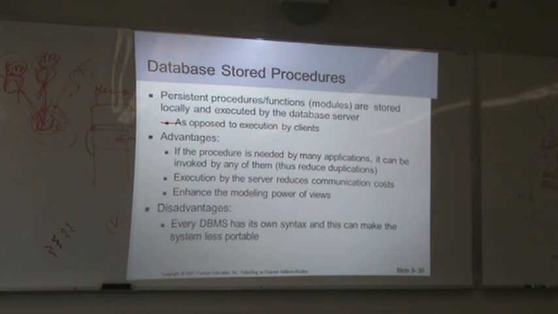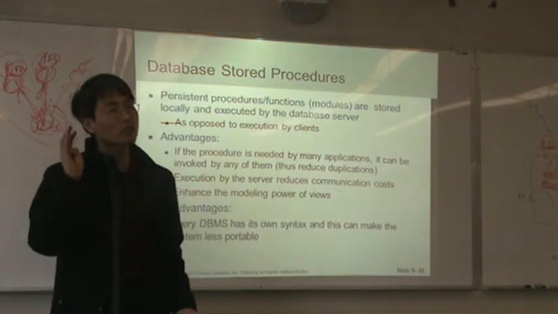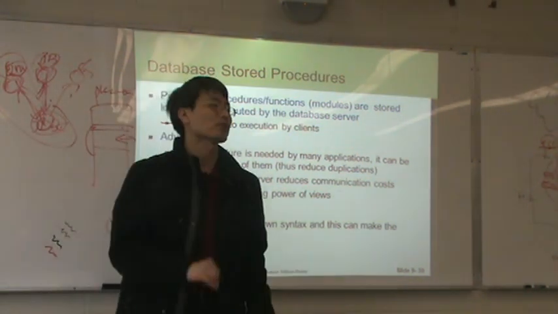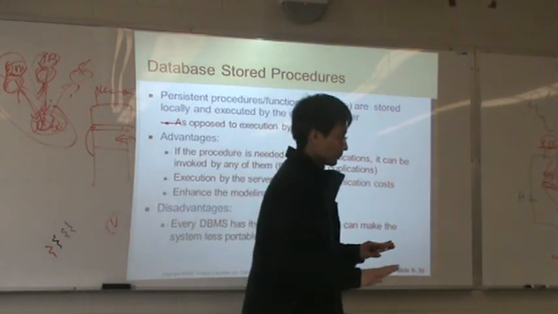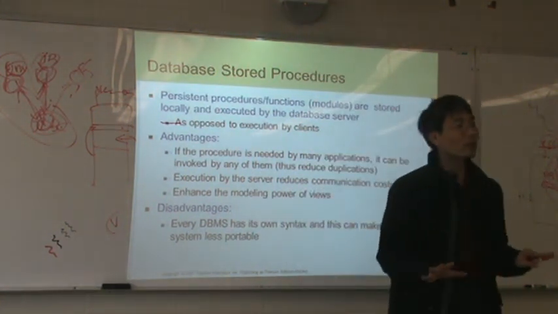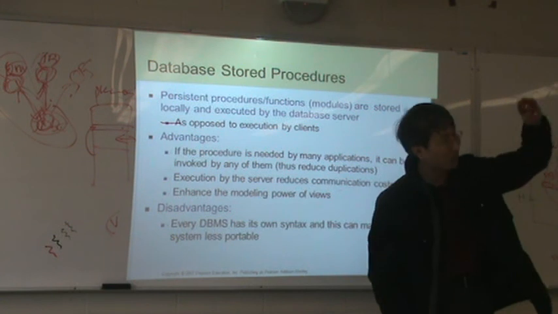There are two types of stored procedure. One is a function, the other one is a procedure. What is the main difference between them? Function in terms of the return, procedure is procedure.